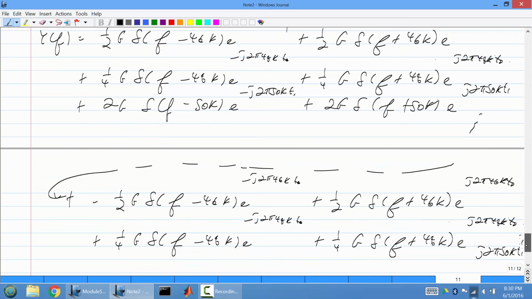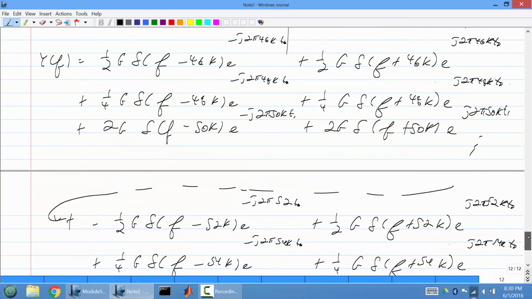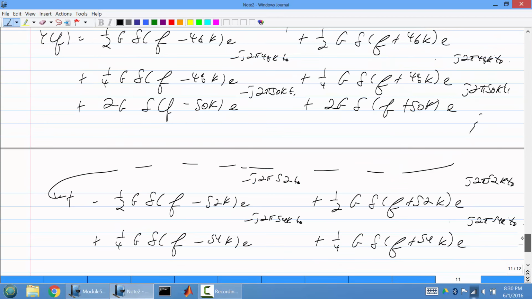So we have 52 and 54, so 52 and 54, and then 52 and 54. Okay, so we have one of those. Let me see here. Half and a fourth. Okay, so that's what's going to happen here.